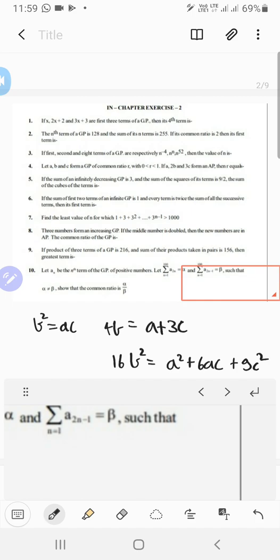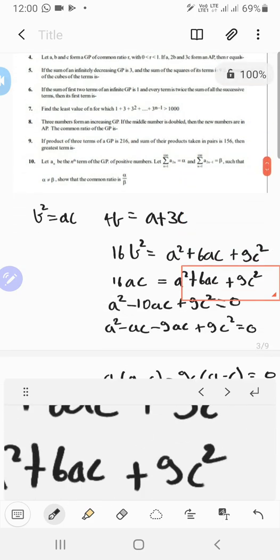If the sum of an infinitely decreasing GP is 3 and the sum of the squares of its terms is 9 by 2, the sum of the cubes of its terms is, okay, not bad.